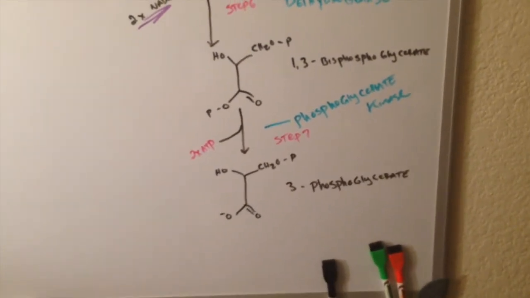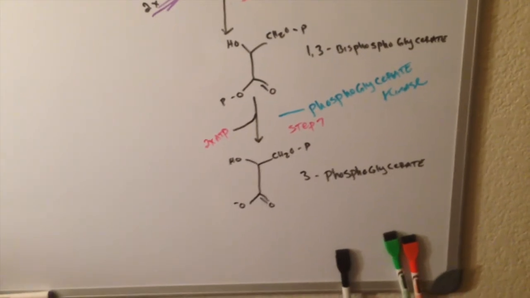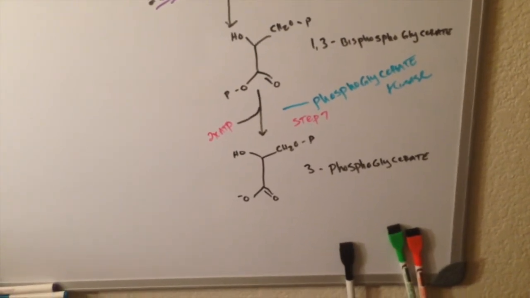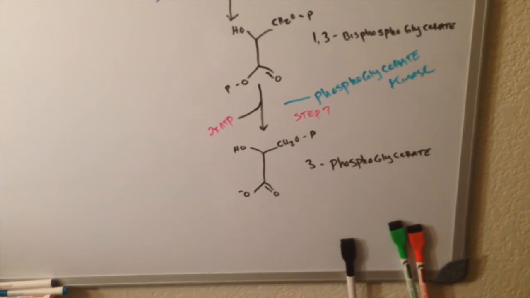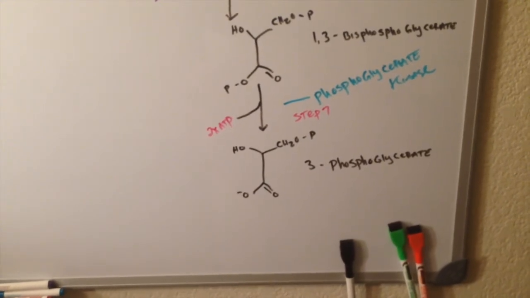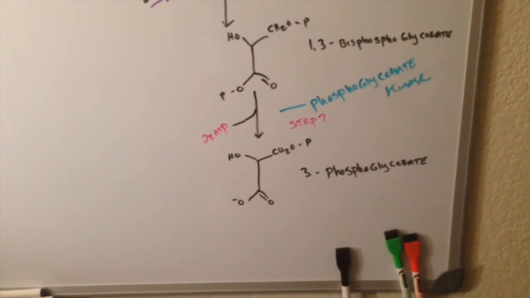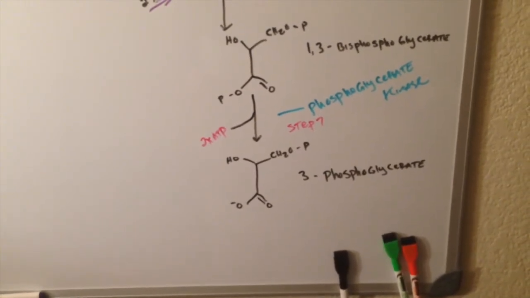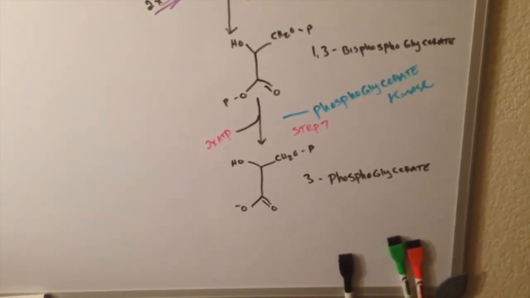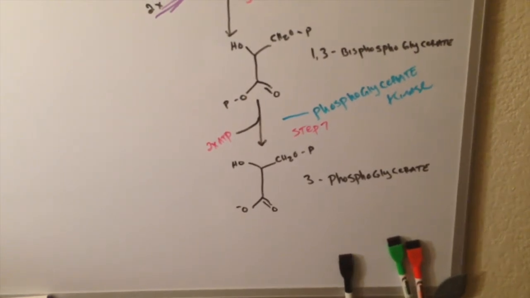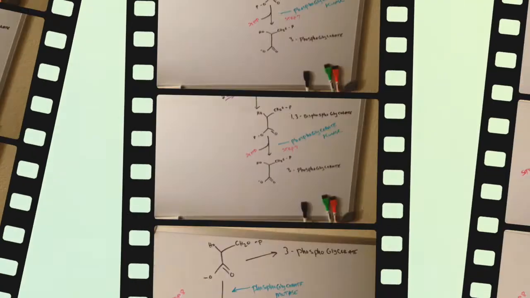In step 7, we introduce phosphoglycerate kinase to the molecule, which will release 2 ATP and will produce 3-phosphoglycerate.